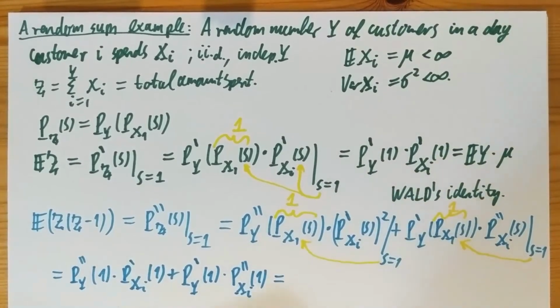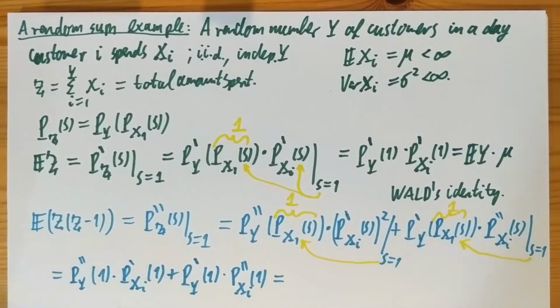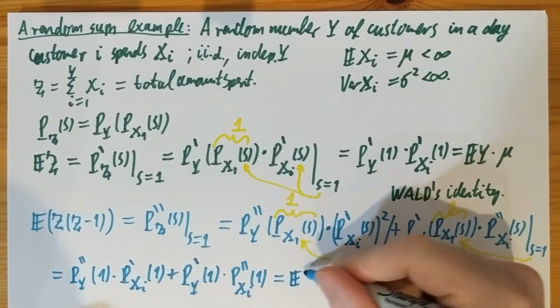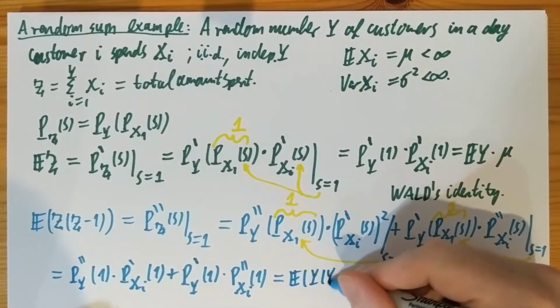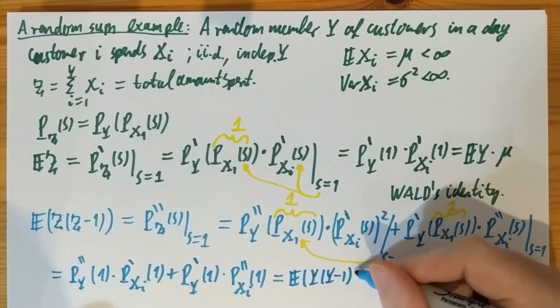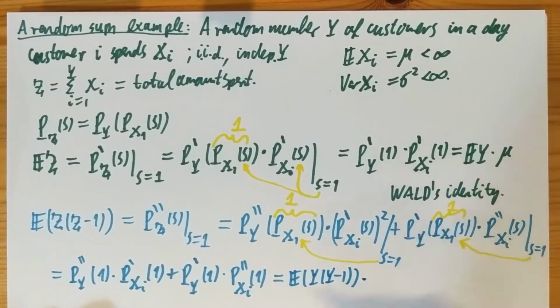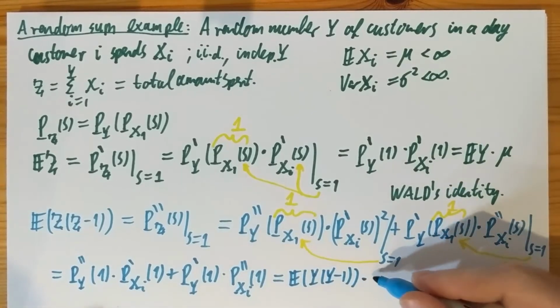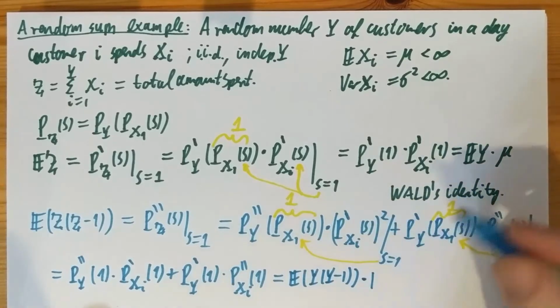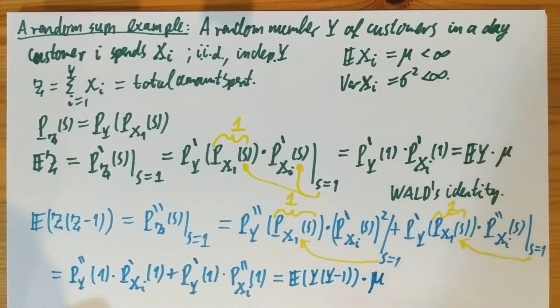And now I can plug in these things in terms of expectations or moments of X and Y. The second derivative of the generating function at 1 again gives me this kind of factorial moment, E of Y times Y minus 1. This is multiplied by the expectation of xi, which I called mu, so I'm going to put mu here.